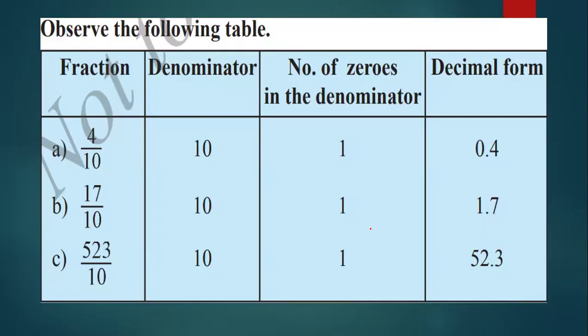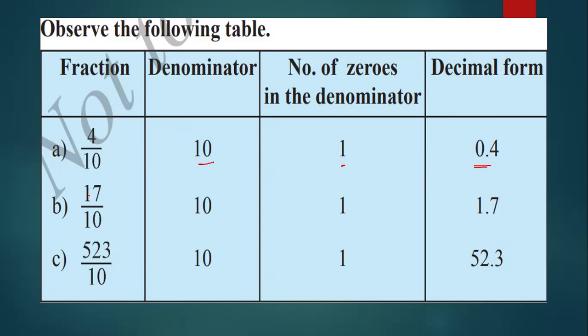Before going to exercise, see some basic concepts. Observe the following table: fraction, denominator, number of zeros in the denominator, decimal fraction. 4 by 10, denominator is 10 here. Number of zeros in the denominator is 1. In decimal fraction, this is 0.4.